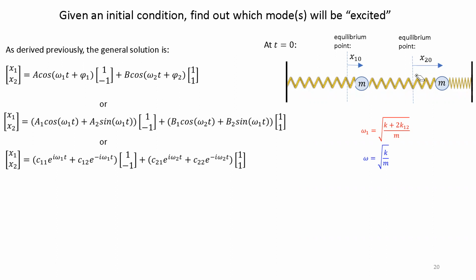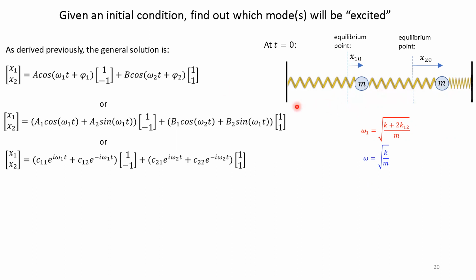You could imagine that the initial condition can be even more complicated than that. In addition to giving some initial displacement, you could also give some initial velocity to the two masses. You are allowed to do that, but let's keep things a bit simple. Here I just imagine that you have some initial displacement, but the initial velocities of the two masses are 0.